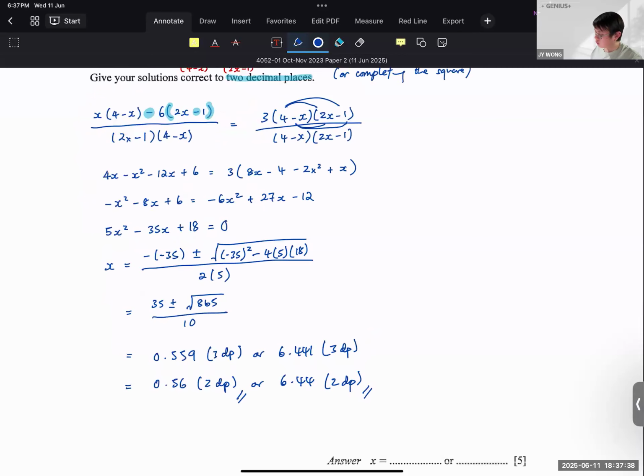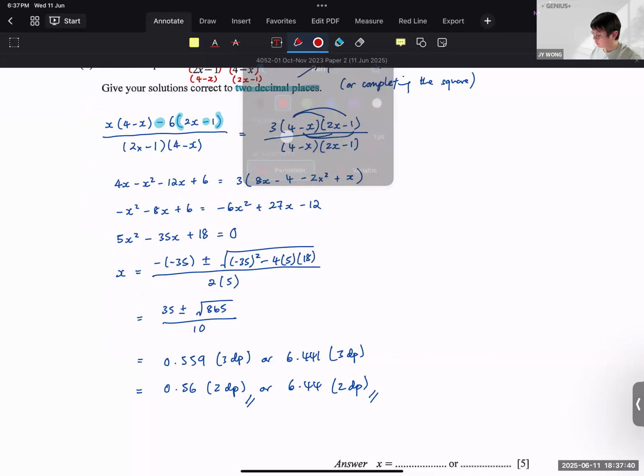Remember, if the question asked for a specific number of decimal places or specific accuracy, you must show the higher order for higher accuracy first. So this one is a must show. Okay, it's not optional. I already showed you all the Cambridge examiner's syllabus guide already.